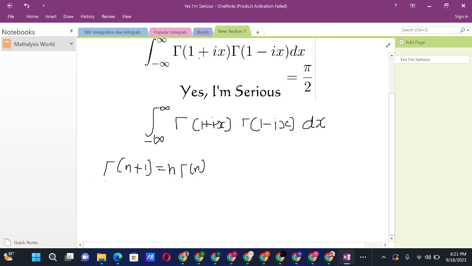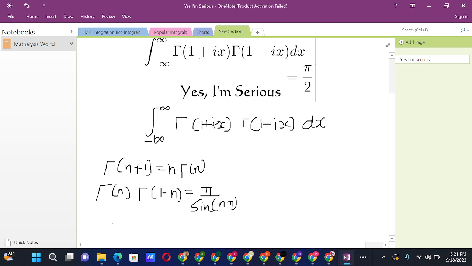The next thing we need to know is that gamma of n times gamma of 1 minus n is a pretty non-obvious thing: it's pi over sine of n pi. So you need to know that as well. This can also help us derive what gamma of 1 by 2 is. You can check that.